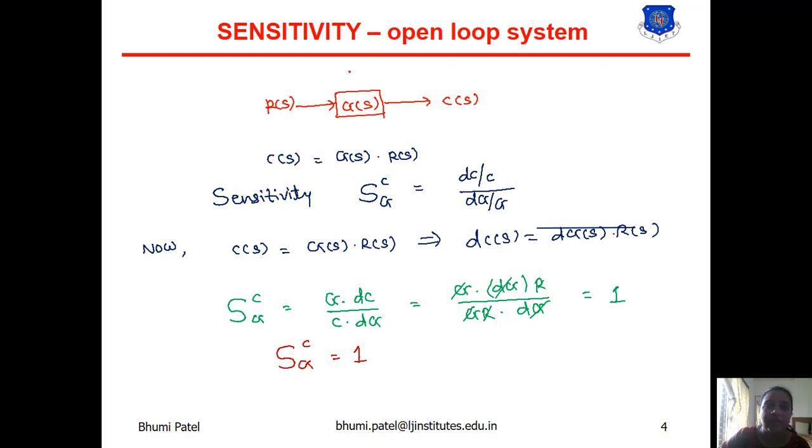If we change the system in the open loop system, it directly affects the output of the system. So this is the equation for the sensitivity of the open loop system, and the value of the sensitivity is 1.